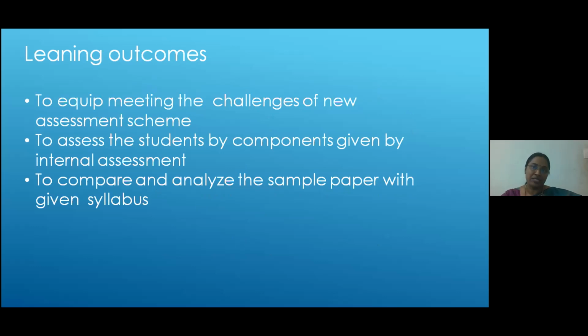Our learning outcomes today. Whenever we start anything, we start teaching. Nowadays CBSE always recommends that we inform parents about the learning outcomes their children get from class. Here also, we are starting with the same, to equip ourselves to meet the challenges of the new assessment scheme.